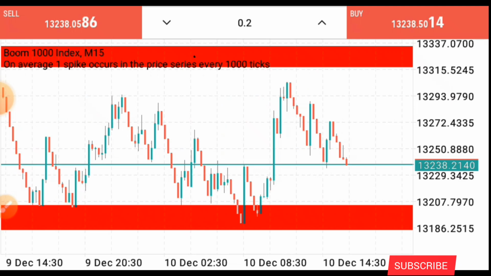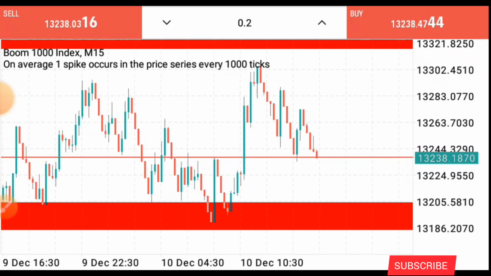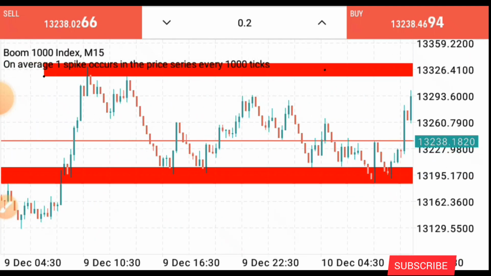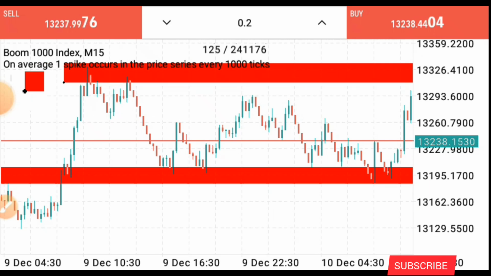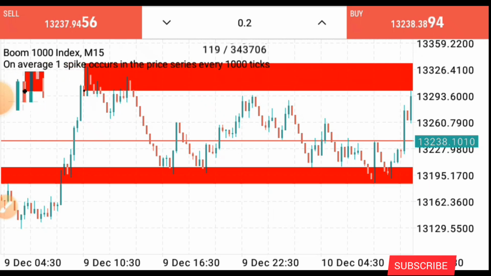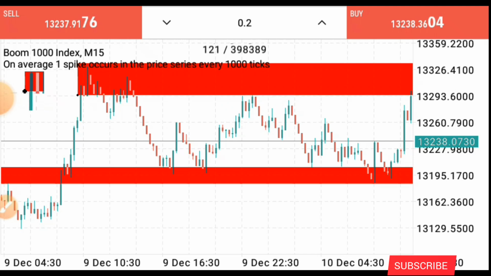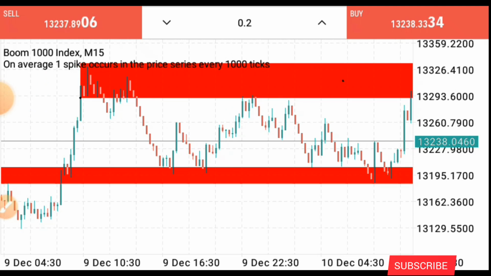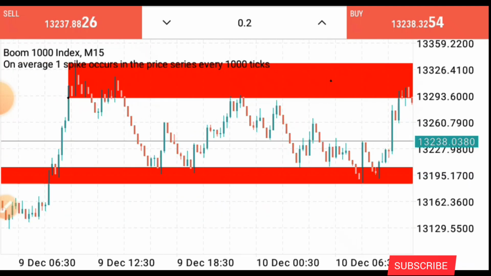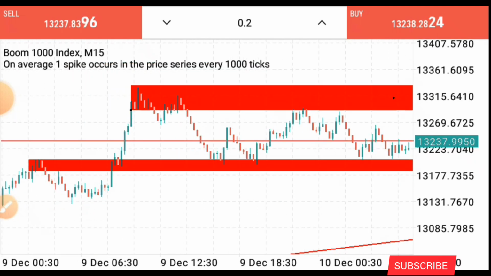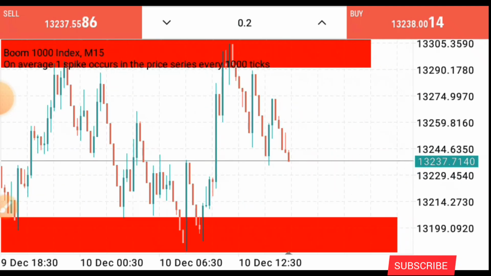Here on the 15-minute time frame, I will adjust the trend and the support and resistance zone to match up with price correctly. What price is currently doing now is heading down.